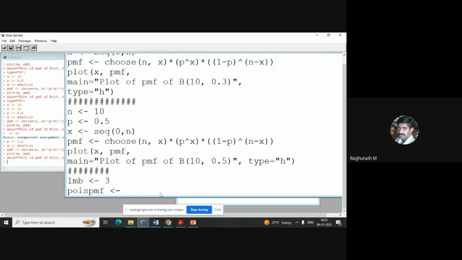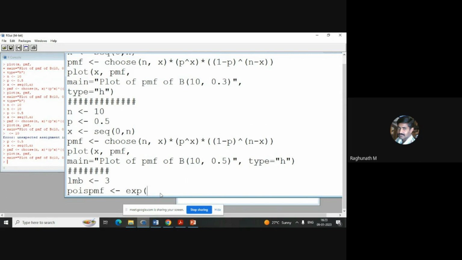Again, you can type the entire function, or else you can use the inbuilt function. I'll be typing the entire function, then I will show you how to use the inbuilt function. So here that is given by e to the power of minus lambda. That means we have to give exp, the function for the exponential.